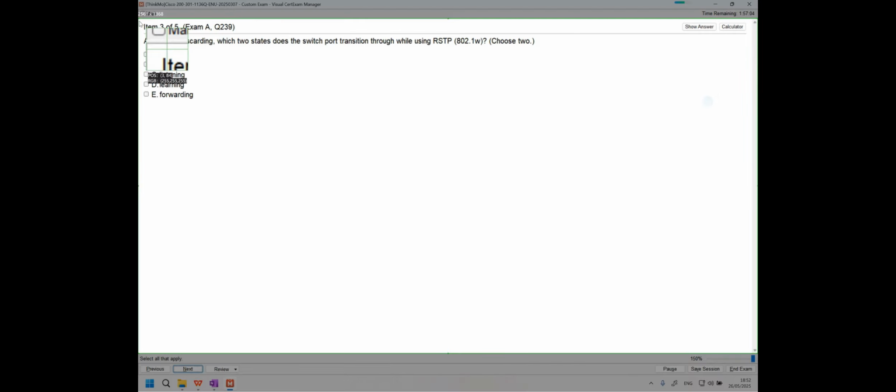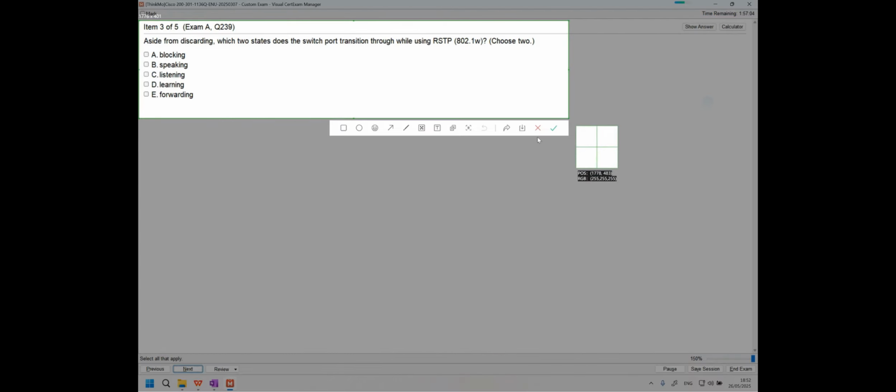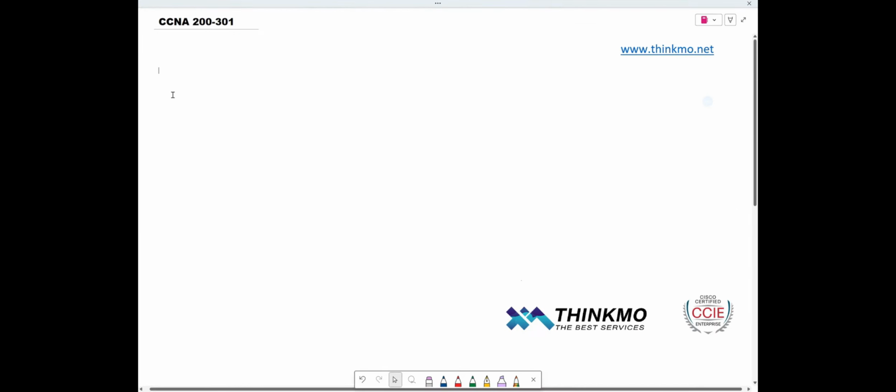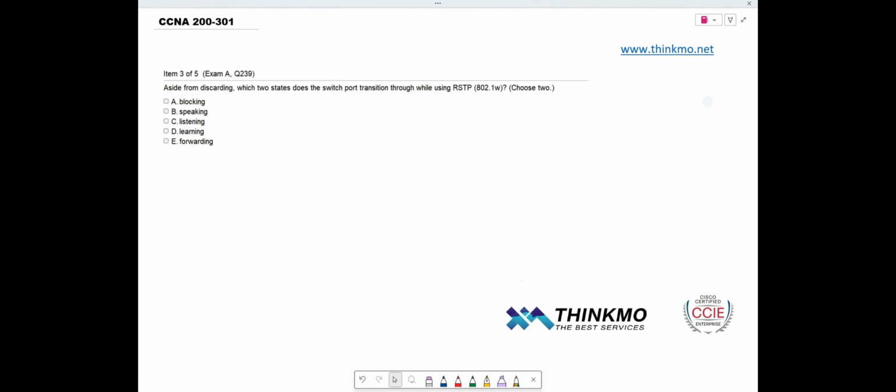Alright, question 3. The third question is about the spanning tree protocol. It says, besides discarding, when we run rapid spanning tree, 802.1W, what are the other two states it goes through? Choose 2.